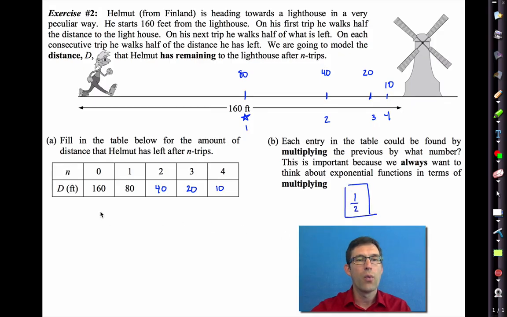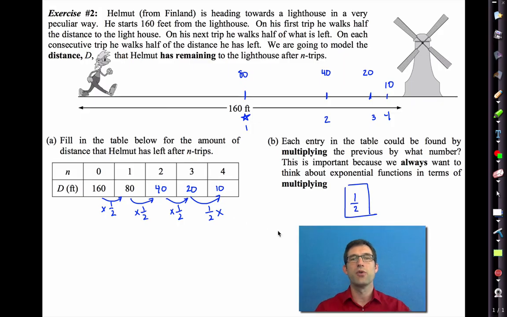If I took 160 and I multiplied by 1/2, I'd get 80. If I took 80 and I multiplied by 1/2, I'd get 40, etc. Right? And again, we want to be able to think about exponential functions all in terms of multiplication, not in terms of division.